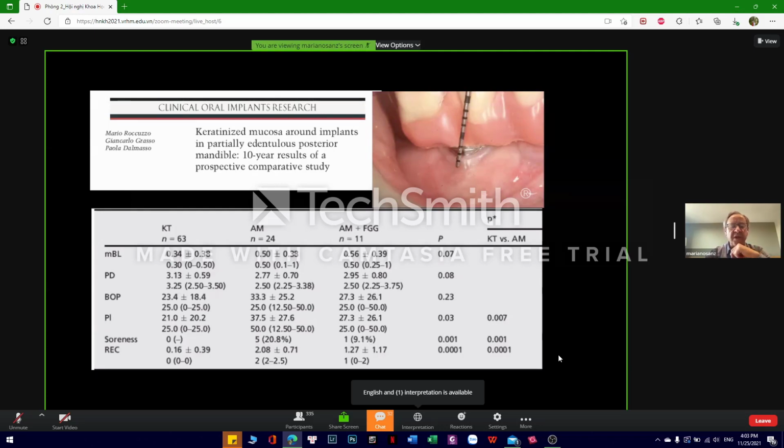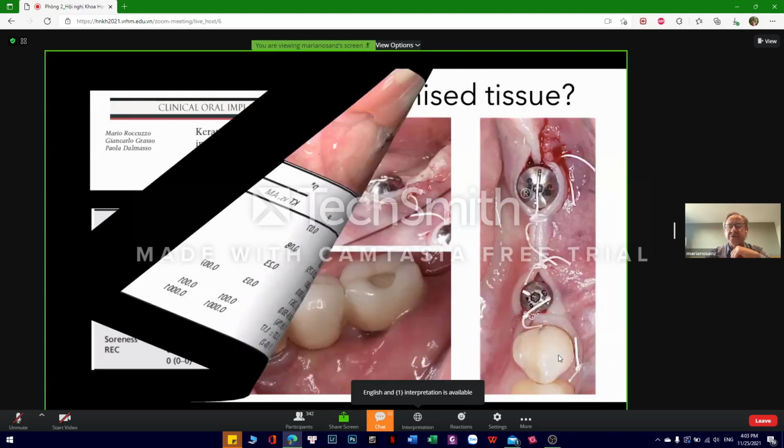And when we compare the different parameters, the bone levels, probing depth, bleeding on probing, plaque index, soreness, you see that mostly in terms of recession and in terms of soreness and in terms of plaque and even bone levels, there was a statistical difference between the group that did have versus the group that did not have keratinized tissue.